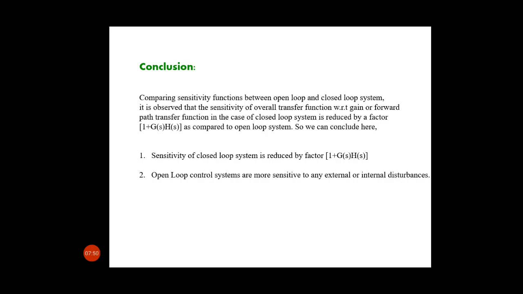It is observed that the sensitivity of the overall transfer function with respect to forward path transfer function, which means G(s), because G(s) is the forward path gain, in the case of closed loop control system is reduced by a factor 1 plus GH as compared to open loop system.